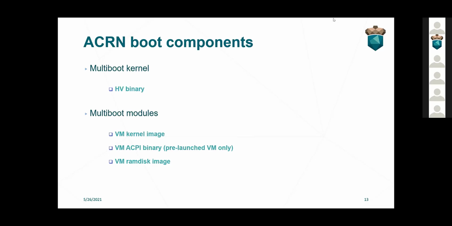Below are the ACRN components. The hypervisor binary will act as a multiboot kernel. It will be loaded first by the bootloader, and then the guest kernel image and the guest ACPI binary, or the RAM disk image for the kernel for this VM, will act as multiboot modules.